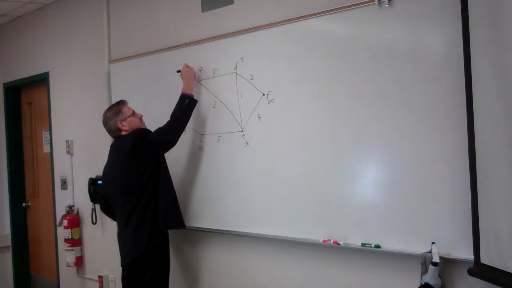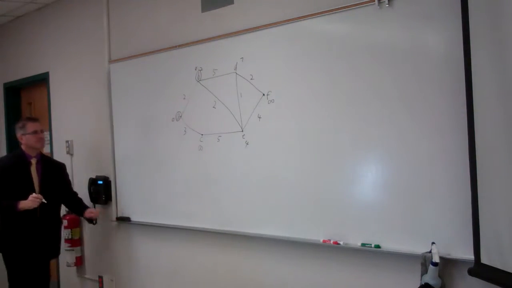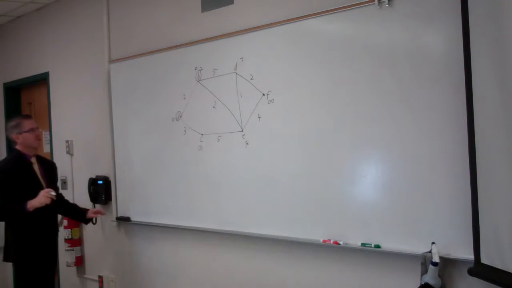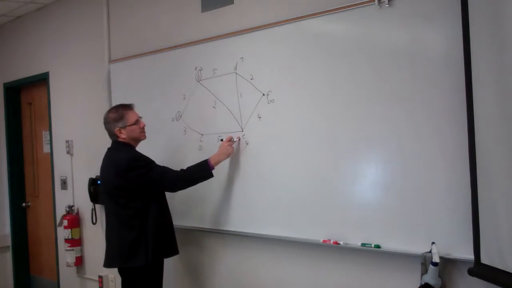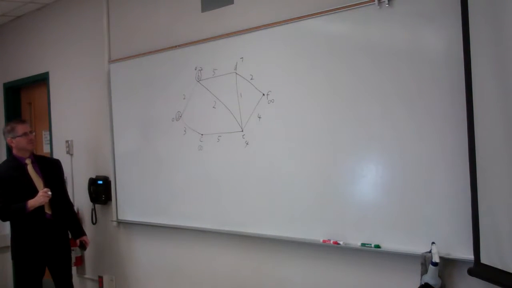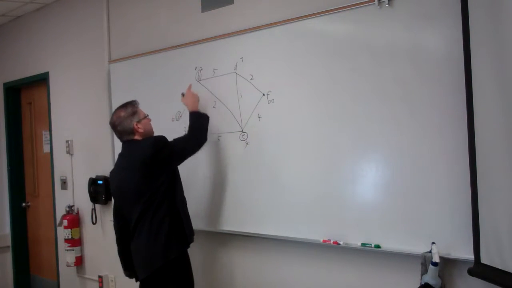And the path to here was A. Okay, now find the node closest to the nodes we visited. And we have another node that's only 2 from our visited nodes. So we'll visit this. The path is AB.